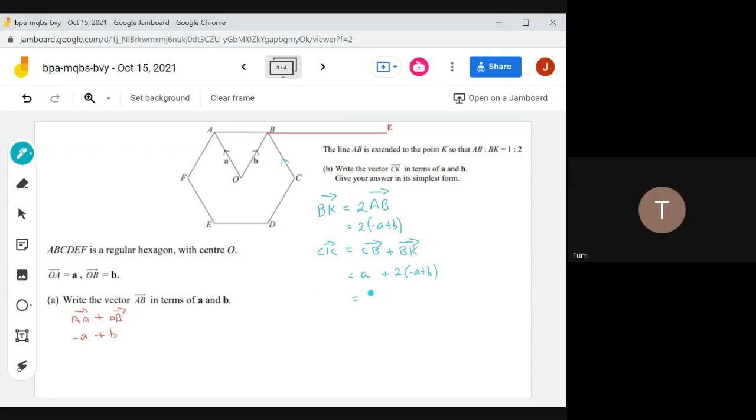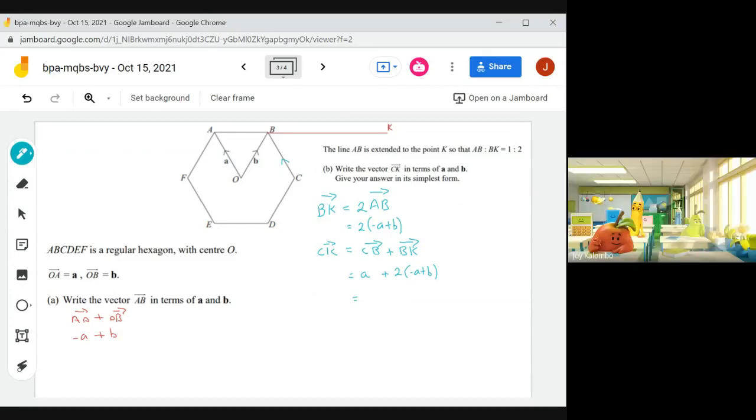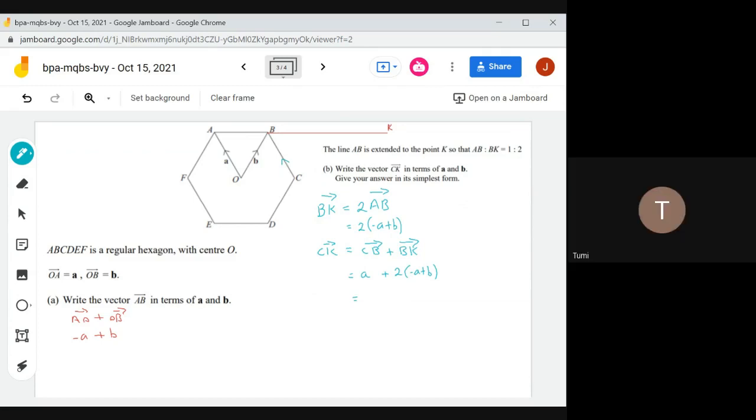Oh, 1 second. Will that just be A plus B? Minus 3A plus B? Nope. Or what is it then? You have to expand and simplify first, and then go from there. Okay, so minus 2, wait, yeah, minus 2A plus 2B.